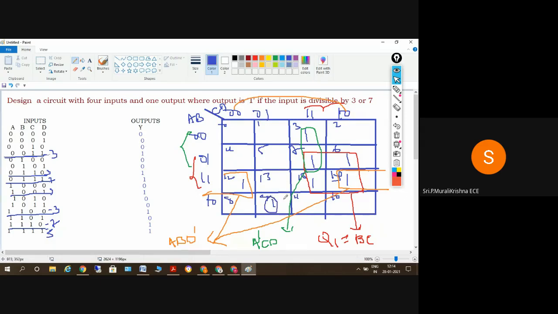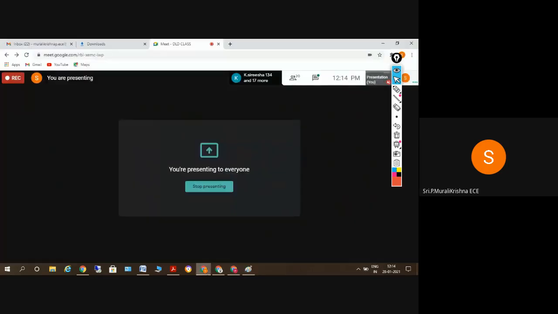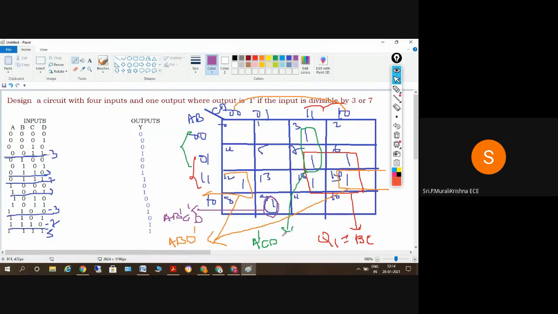Its row term is A B bar and its column term is C bar D. So the final expression is BC plus ABD bar plus A bar CD plus AB bar C bar D. Okay, now just draw the circuit diagram.